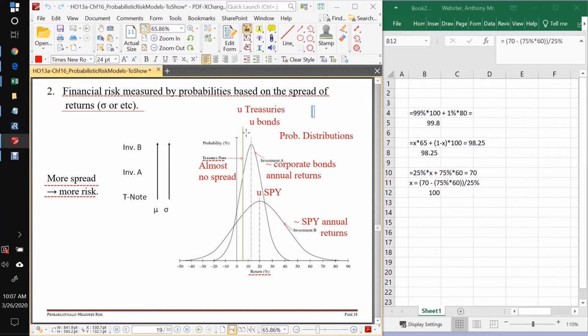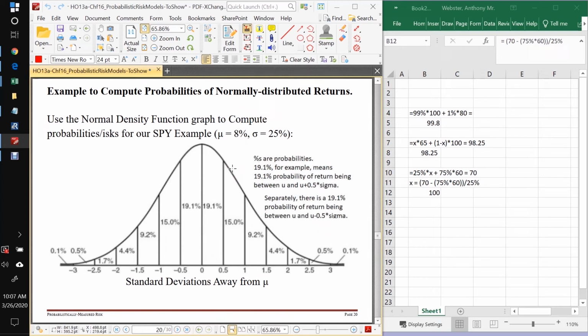If we're very risk averse, if we don't like risk at all, then we would want to be in something like treasuries, but we're going to pay for that with the lowest expected value of just about anything we could do. So we're going to be measuring our risk one way or another by looking at the spread of our normal distribution of returns, and we'll use a graph like this to help us do that.